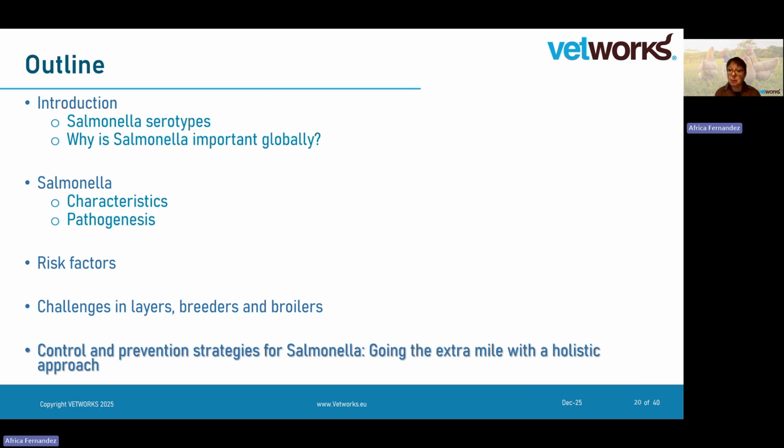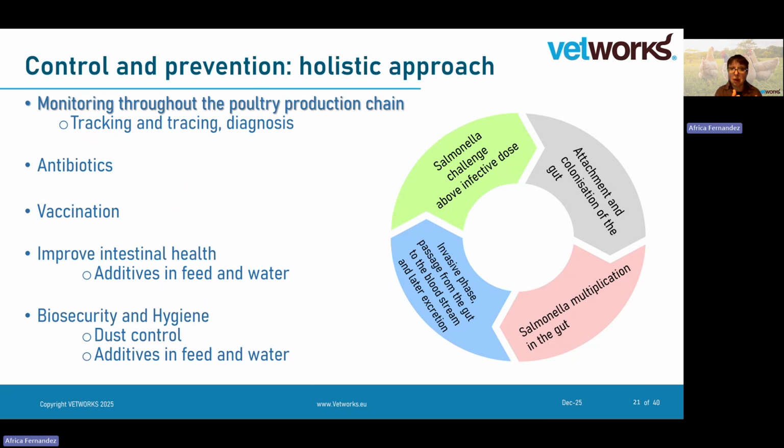So if we go to the last part of the presentation, control and prevention strategies. At the top, we have monitoring throughout the poultry production chain, what we call tracking and tracing. So we not only need to know that it's a group D or a group C, but we want to know more, and maybe do some genetic analysis to help us understand the epidemiology of Salmonella.